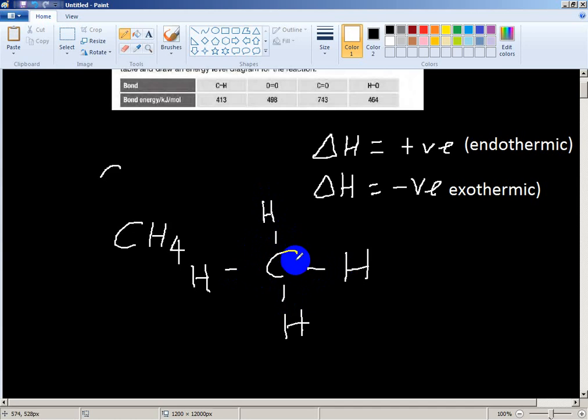Is it a metallic bond, covalent bond, coordinate bond, dative covalent bond? What type of bond is present here in carbon hydrogen? Both are non-metals. What type of bond? Metallic, ionic, covalent?